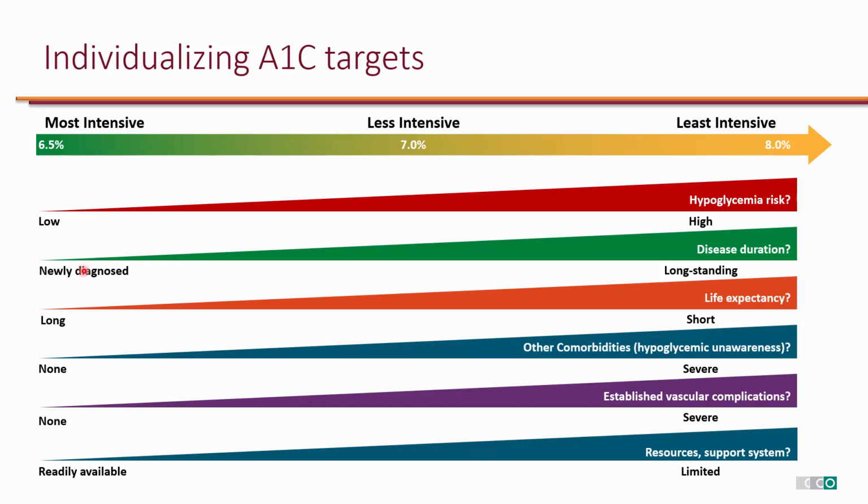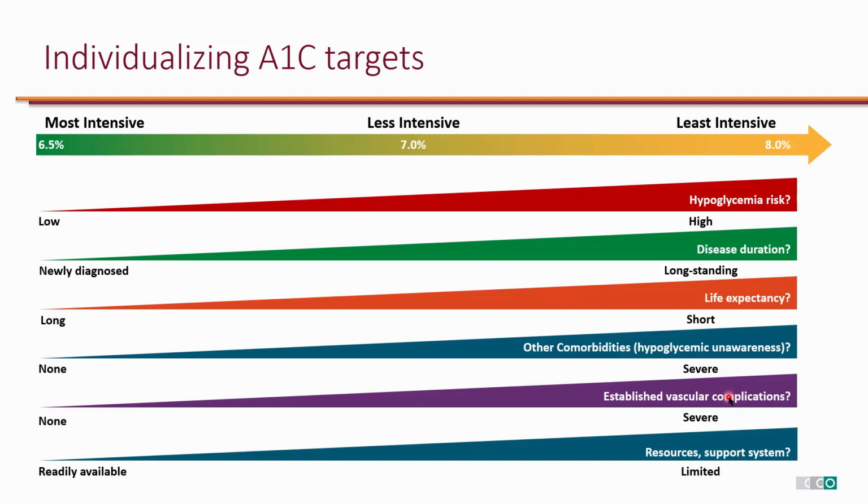Another thing is life expectancy. If someone's life expectancy is short, you can be more lenient, versus if they have a long life expectancy, you can be more intense. If they have a lot of comorbidities, you can be more lenient. If they already have established vascular complications, a more lenient target.